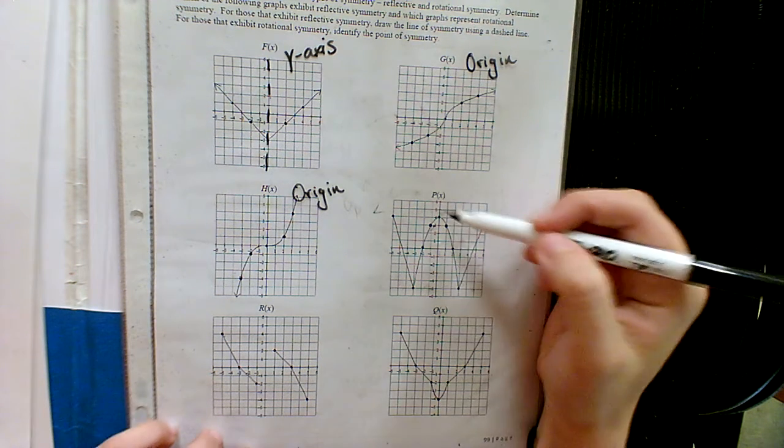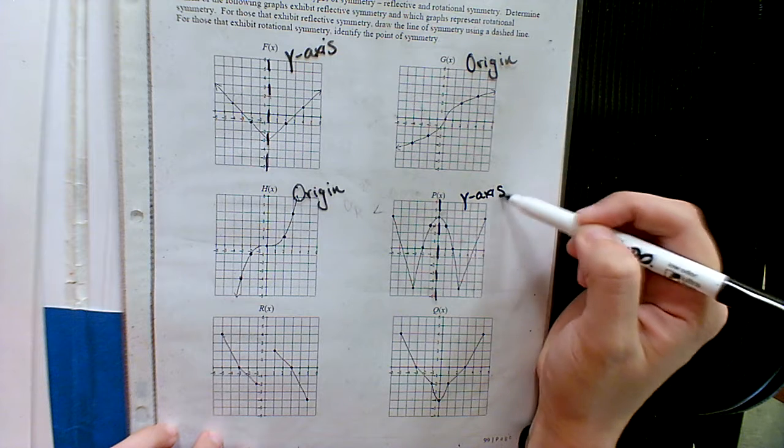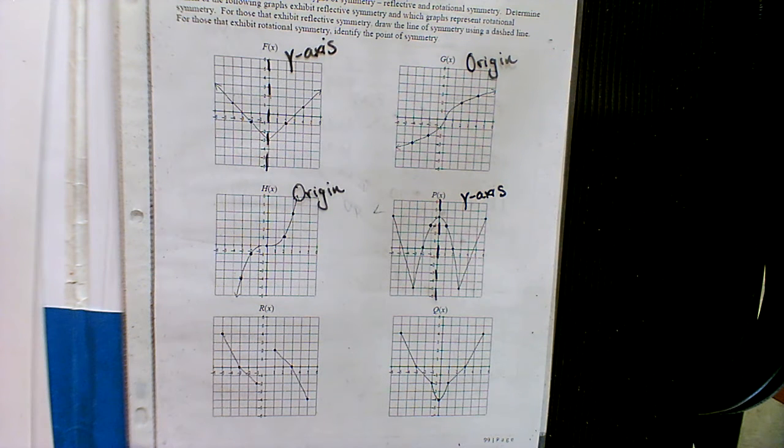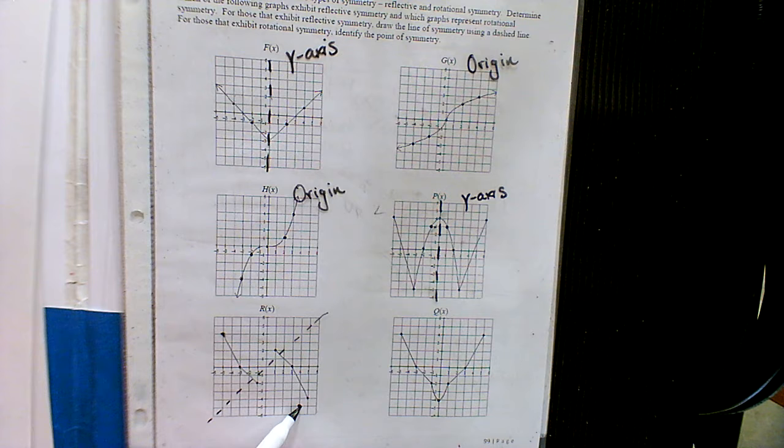Y-axis. Left and right, if you were to fold it, would match. What about r of x? We thinking diagonal? Maybe? Let's see. If we were to take this point and fold it over diagonally, I think it would land here.